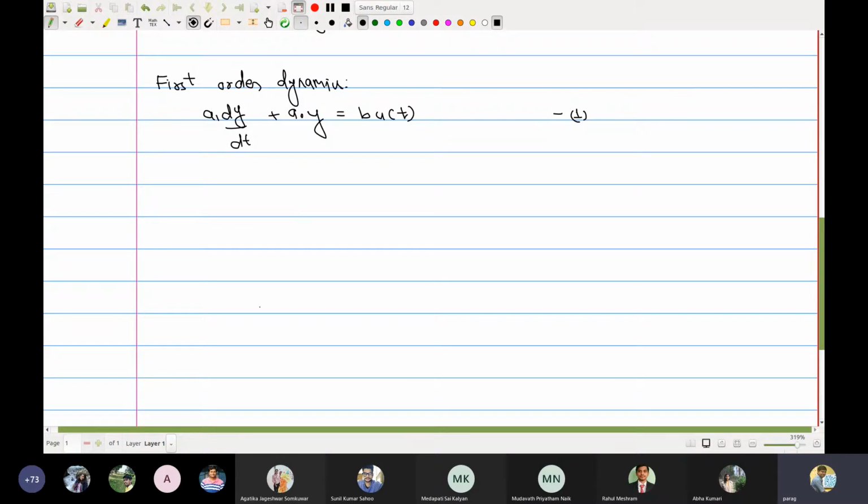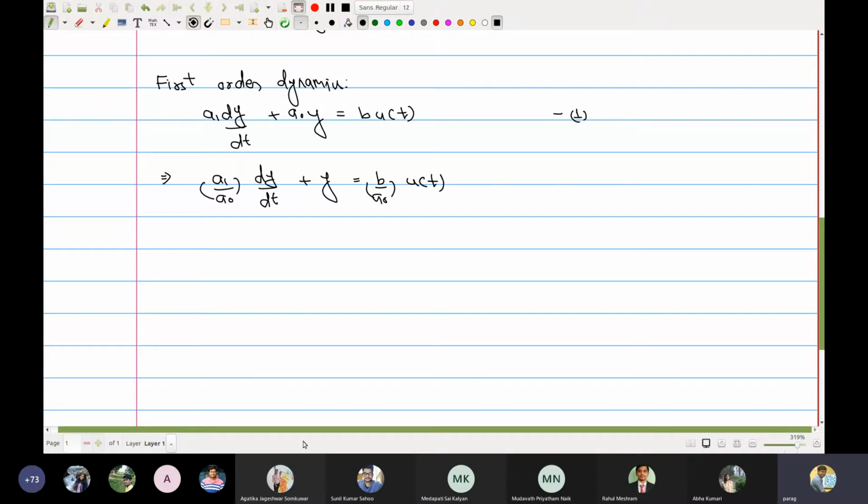Therefore we club these parameters in a specific manner and write this as (A1/A0) dy/dt plus y equals (B/A0) u(t), right?